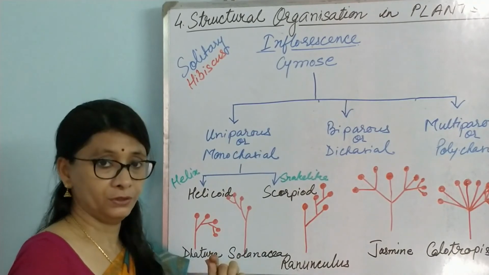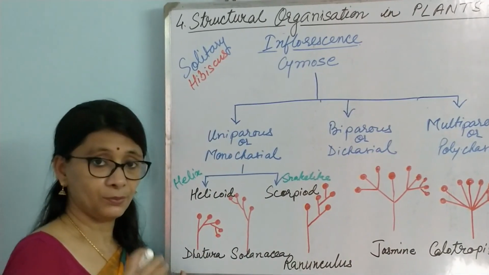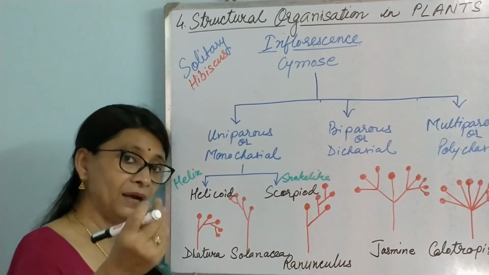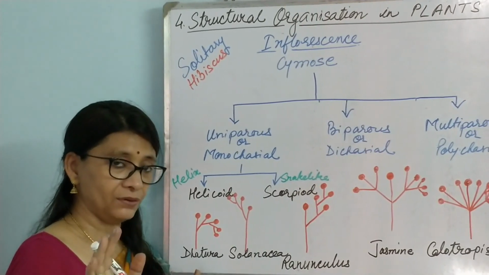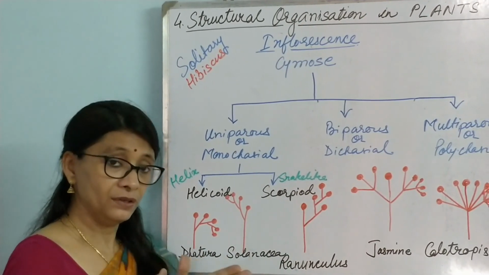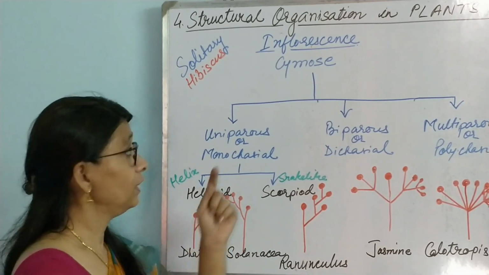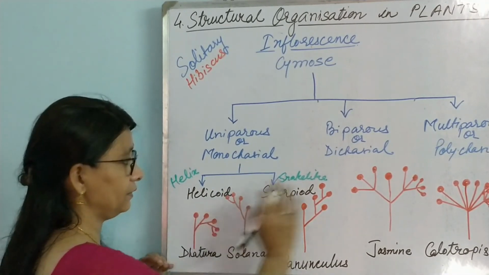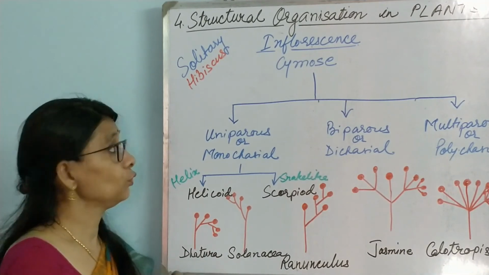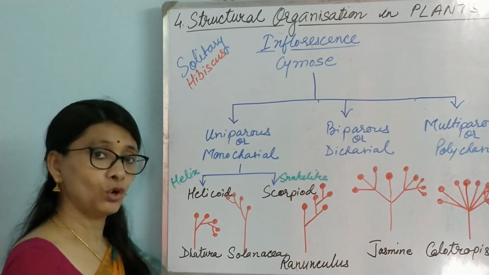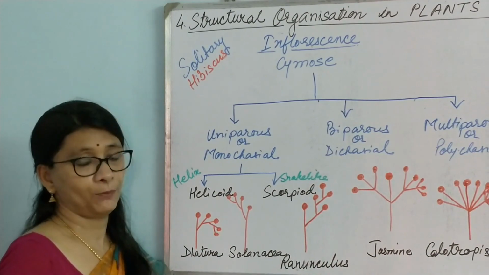It will not develop further. It is seen in hibiscus. Suppose a hibiscus flower has come out, so that branch will stop developing, and some lower branches will come out from there. So that is cymose development. So that is solitary and this is inflorescence. With this we come to the end of cymose inflorescence. Now we shall see special types of inflorescence.